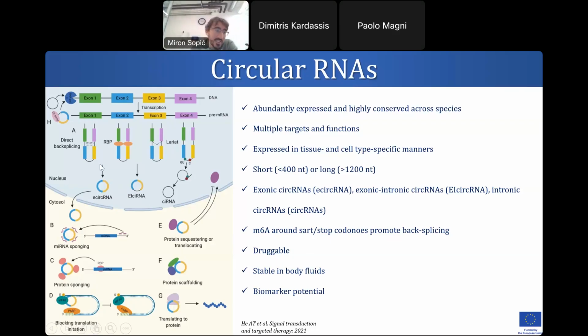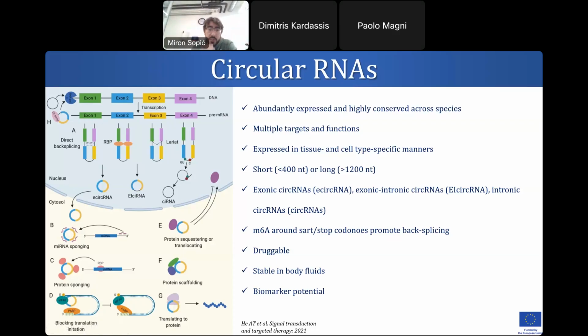So basically, depending on whether you just have two exons that are going to be connected in a circle, then it's going to be exonic. If you have combinations of exons and introns, it's going to be exonic-intronic. And if you only have introns, it's going to be intronic circRNAs. These ones, of course, are mostly produced during the process that is called intron splicing.